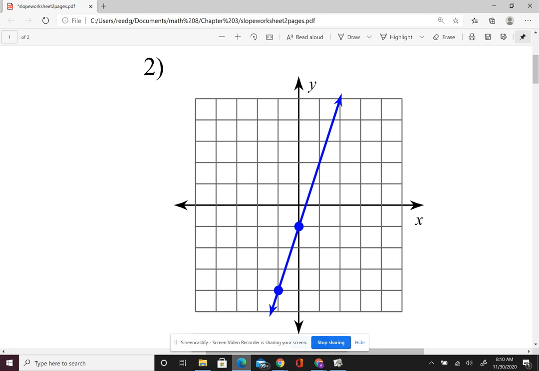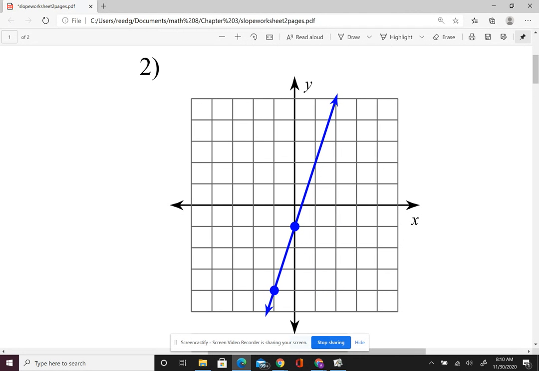So tell me what I'm doing. So there would be rise over run. So 1, 2, 3. Where am I starting at? I start from the bottom point, the one lower. Okay. And then you just count up the spaces. So from here, 1, 2, 3.